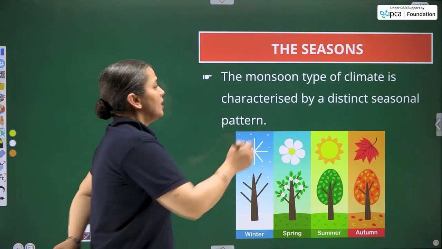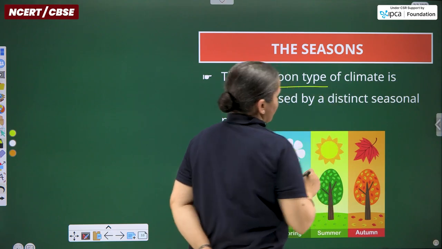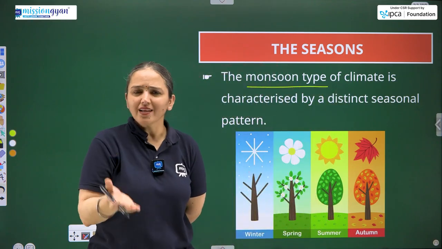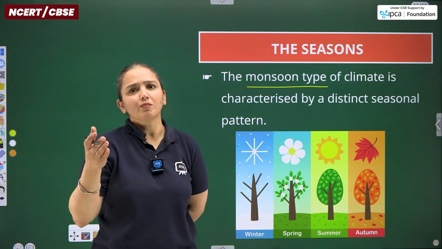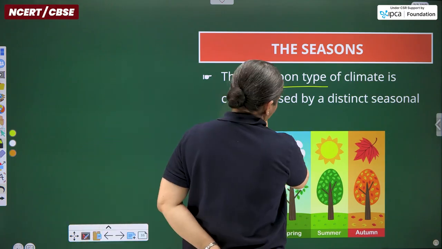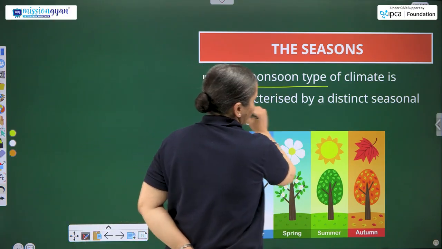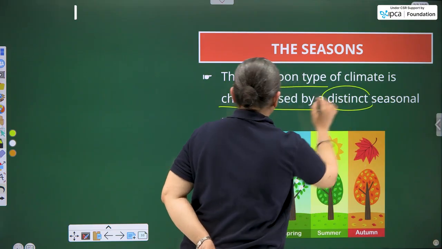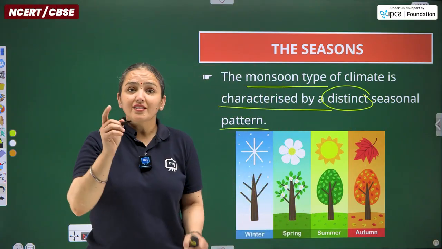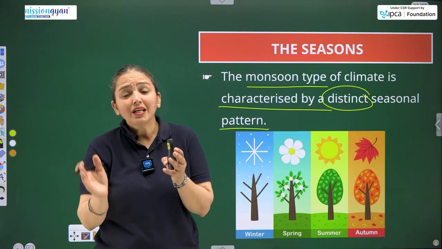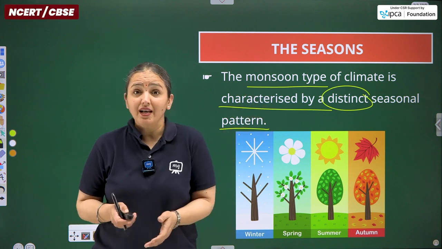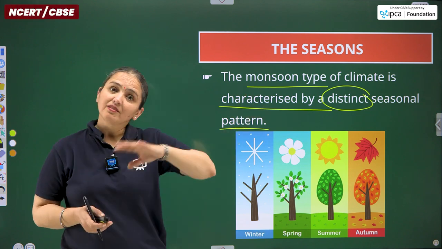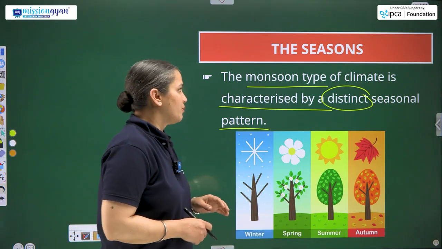The seasons, the monsoon type of climate. Monsoon type of climate is the name given to the Indian climate, tropical monsoon climate or monsoon climate. The monsoon type of climate is characterized by a distinct seasonal pattern. Distinct, that is, a unique one. That uniqueness comes with the monsoon itself, as it brings the rain and the rain retreats as well.